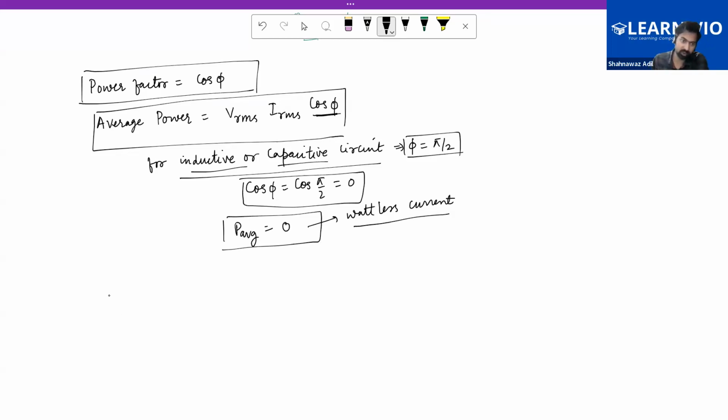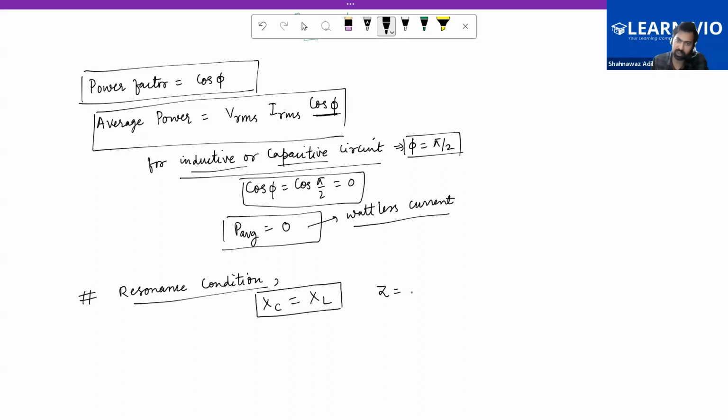And there is one more thing, that is the resonance condition. So in resonance condition, you have Xc equal to XL. So if Xc becomes XL, then your impedance is what?